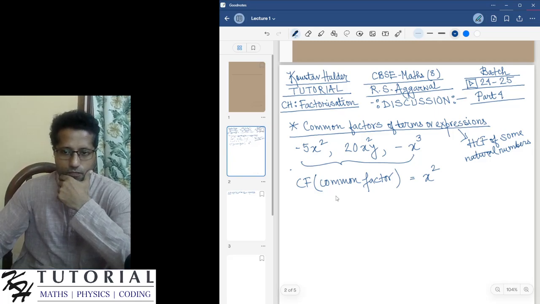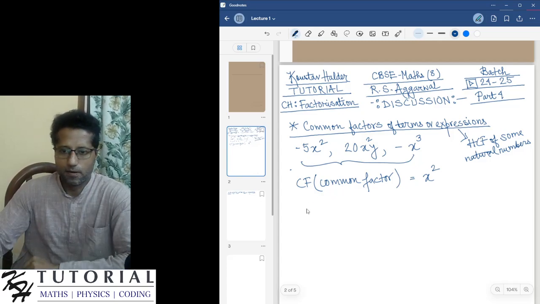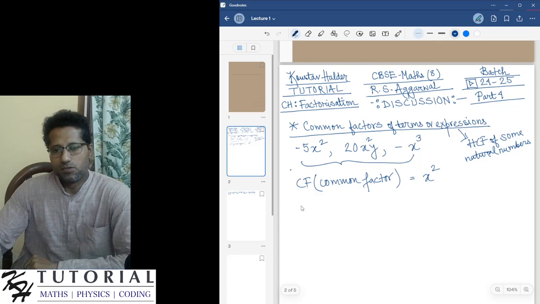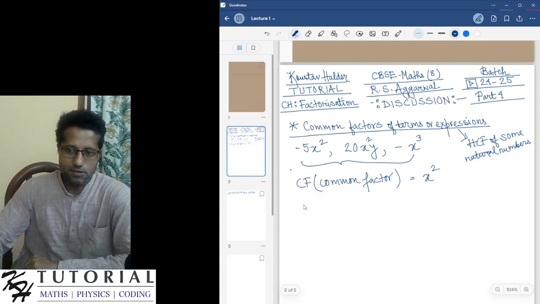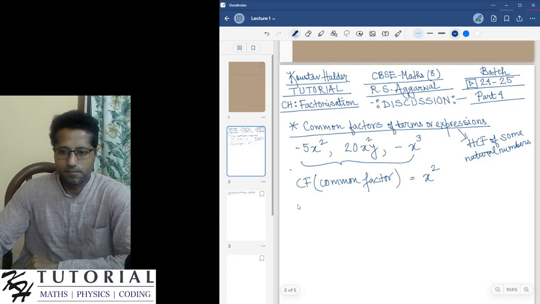So the minimum of 2 and 3 is 2. So the power will be x square. This is the common factor of the terms. The x is not a common factor.